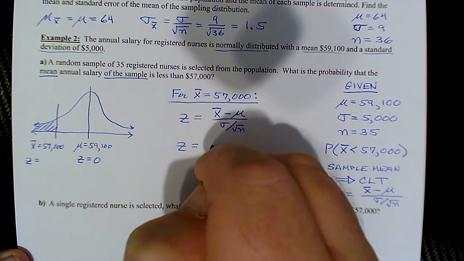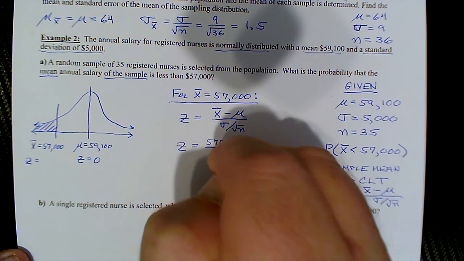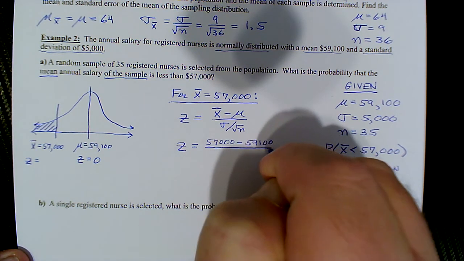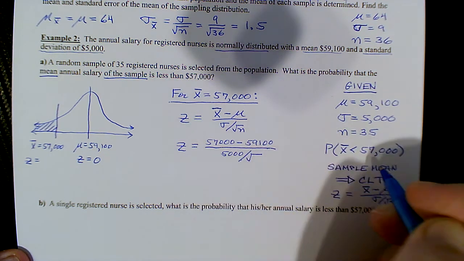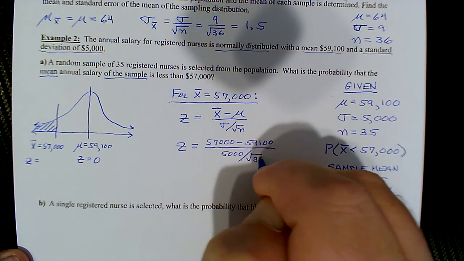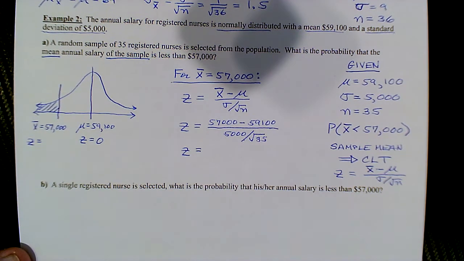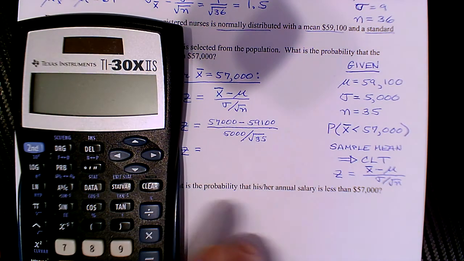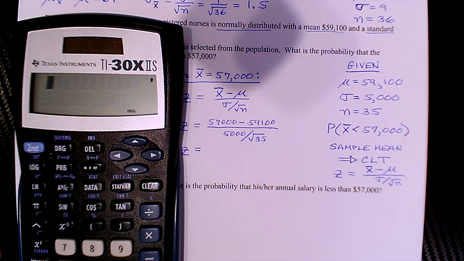So our z-score is the 57,000 minus the 59,100 over sigma, which was 5,000, over the square root of n, which was 35. Now make sure you can calculate this. If you want to do the numerator and denominator separately and then do the division, that'll work, but here's a way you could do it in one sequence.